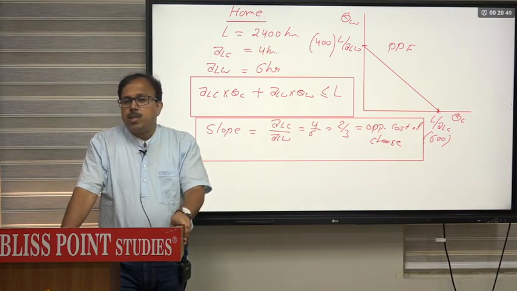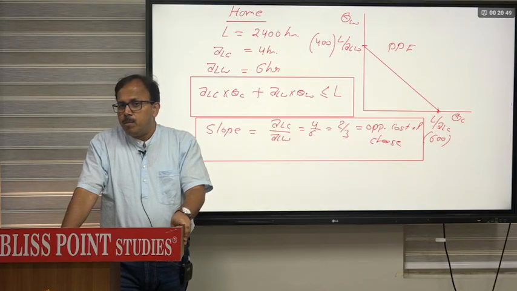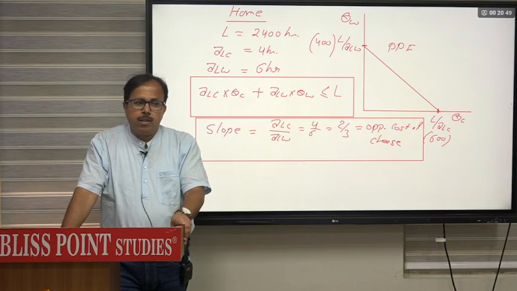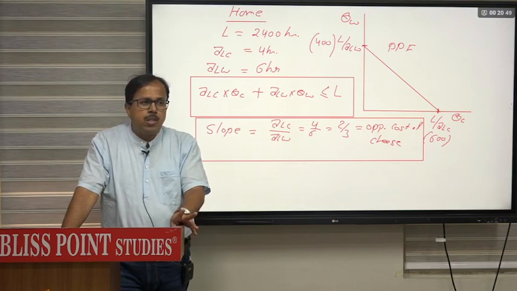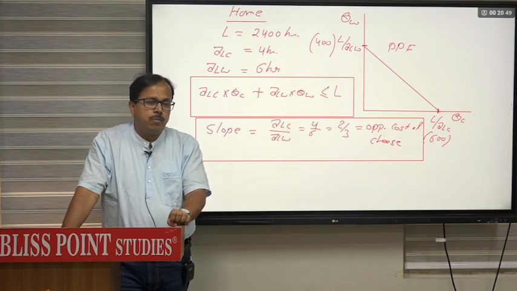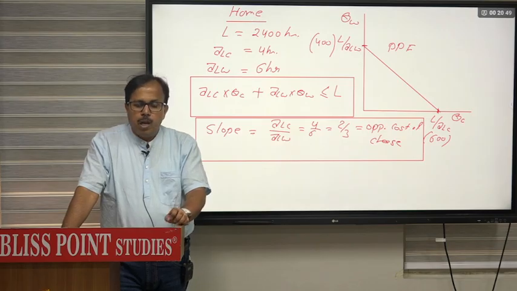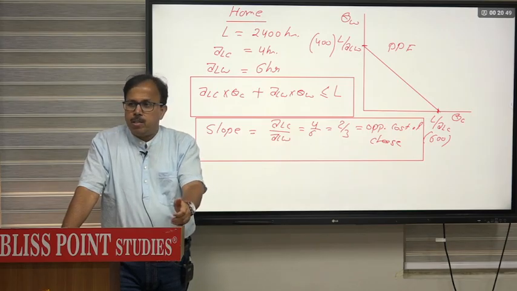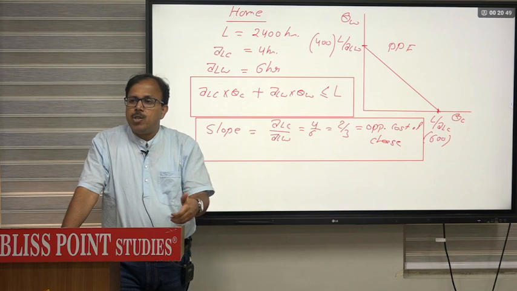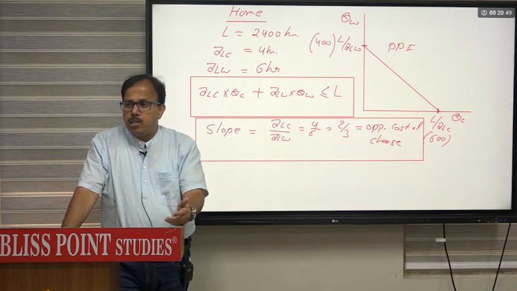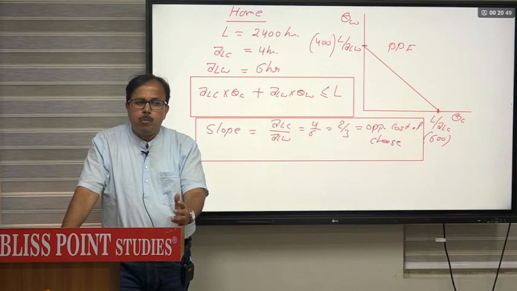So what is opportunity cost of cheese? Opportunity cost of cheese is in terms of sacrifice of wine. So if I say that opportunity cost of cheese is 2 by 3, it means to produce 1 extra unit of cheese, we have to sacrifice 2/3 unit of wine.